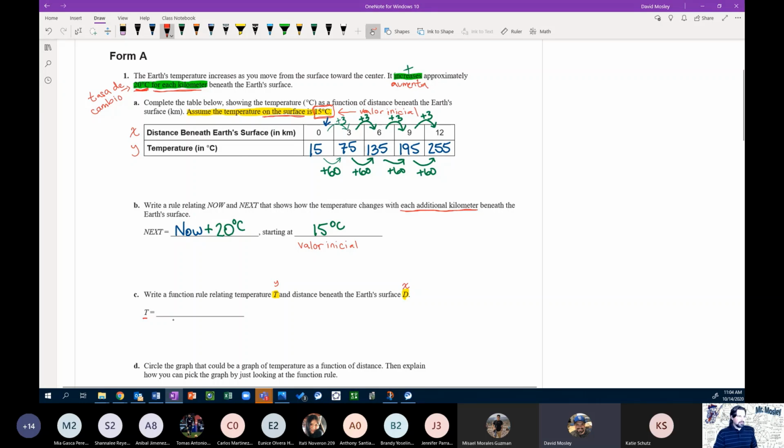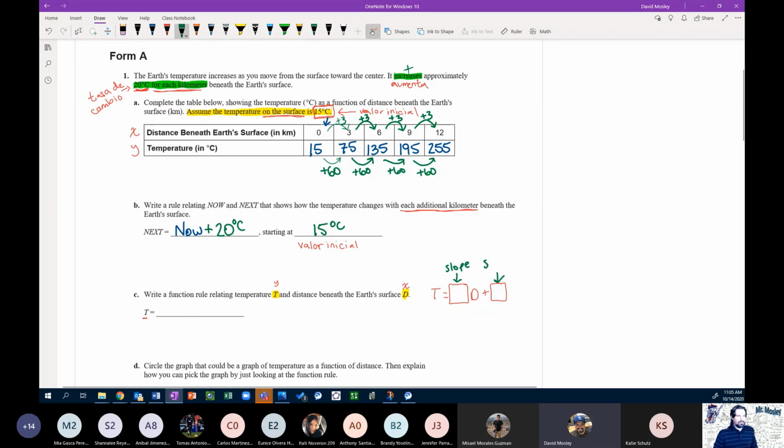Okay, and it needs to follow, so it should look like T equals some number times D, plus this. And this should be the slope, or the tasa de cambio, or the rate of change.